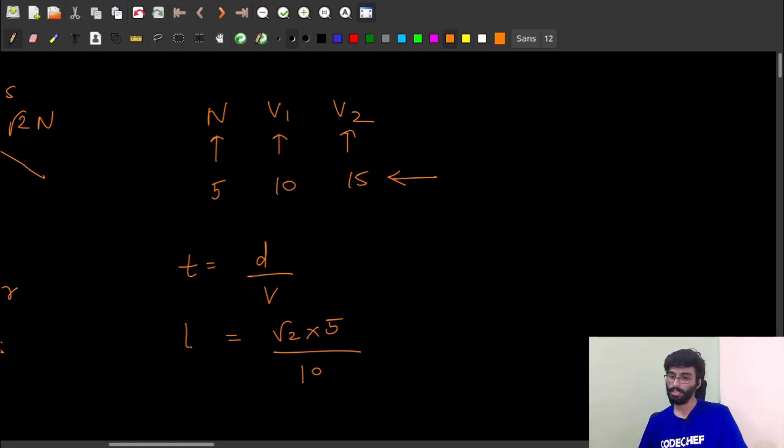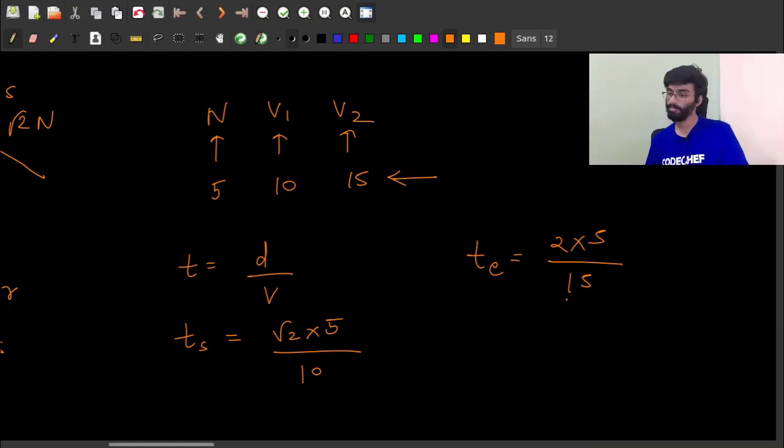So this is TS, which is time for stairs, and the time for elevator is also d by v, and the distance in this case is 2 times n, which is 2 times 5 divided by velocity for elevator, which is 15. So TE will be 10 divided by 15.